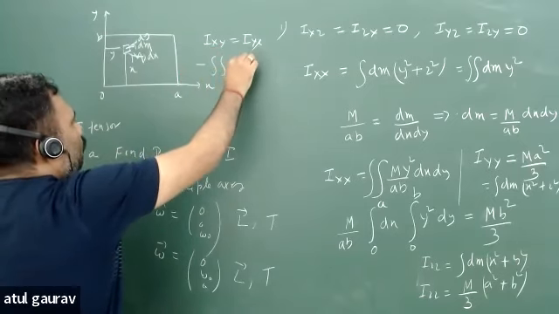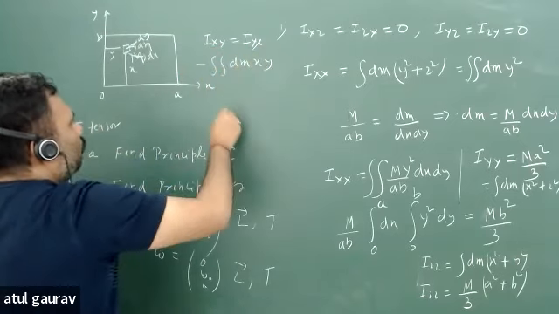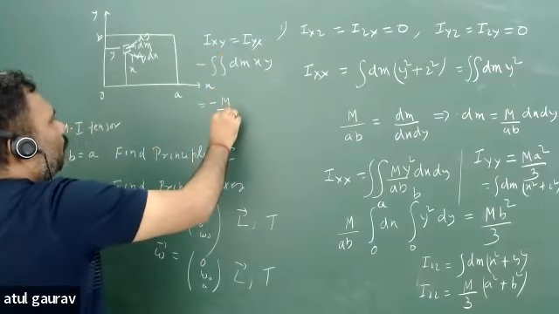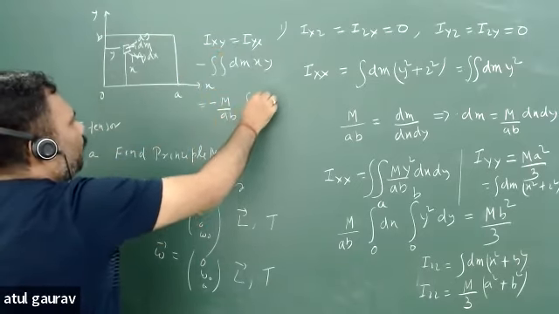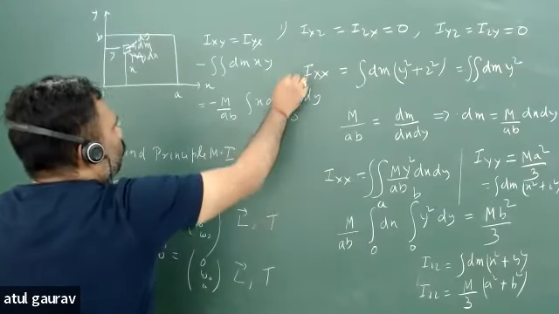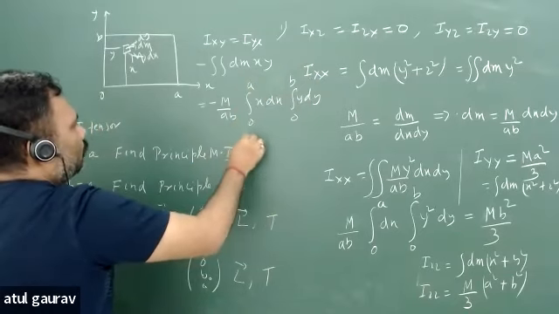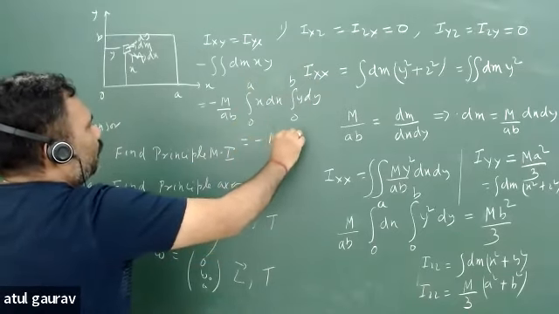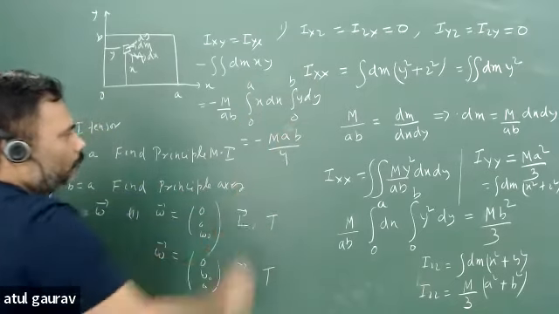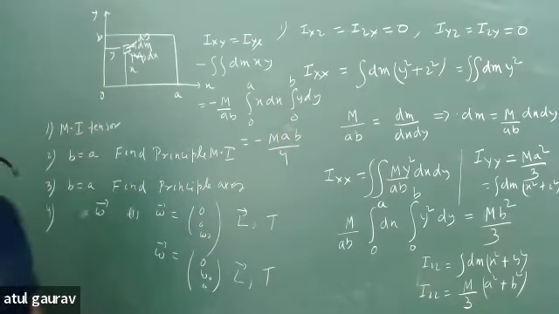Minus integral dm xy. And again you can write minus dm, m upon ab, and here x dx and here y dy, from 0 to b and 0 to a. So that value is minus mab by 4. Okay, so this is our whole thing.